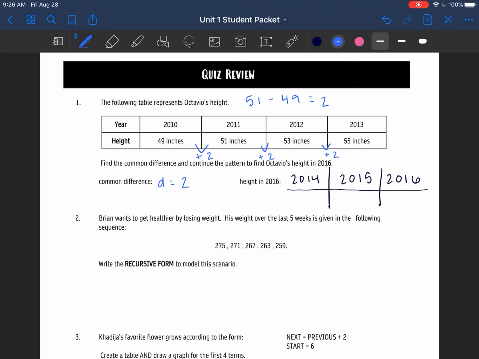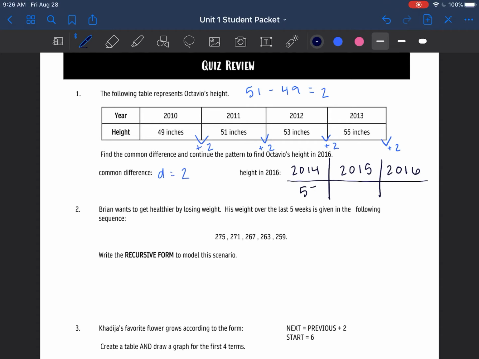So if we continue the pattern from 2013 to 2014, he'll grow 2 more inches. And 55 plus 2 would be 57 inches. Again, I need to continue my pattern, add 2 to figure out how tall he is in 2015. 57 plus 2 is 59.